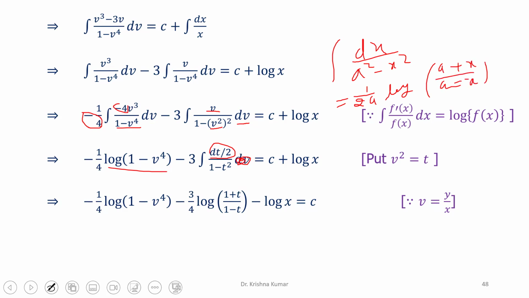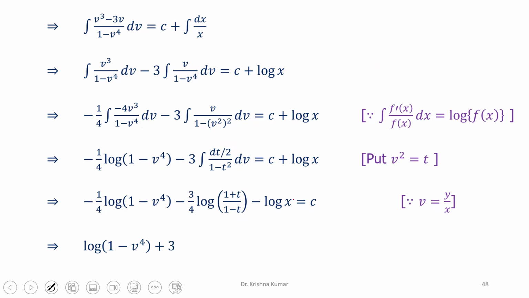So here a is equal to 1. If you put a equal to 1, 3 by 2 into 1 by 2 is 3 by 4 log of (1 plus t) upon (1 minus t), and minus log x comes to this side, minus log x, which is equal to c.